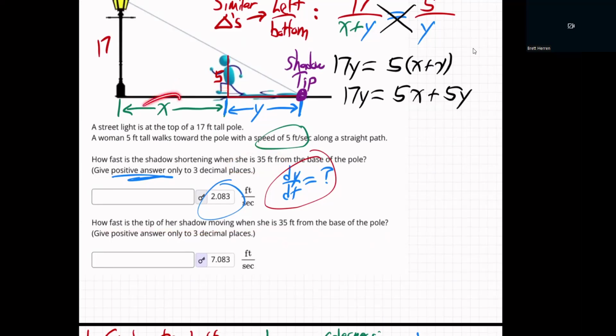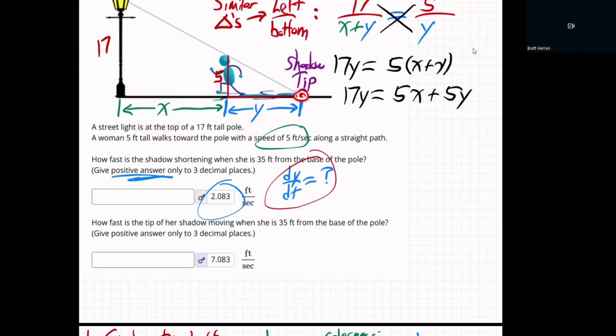X is shrinking and Y is shrinking. They're both shrinking, right? She's getting closer to the pole, so the distance she is from the pole, X, is getting smaller. And as she does that, her shadow is shrinking as well.